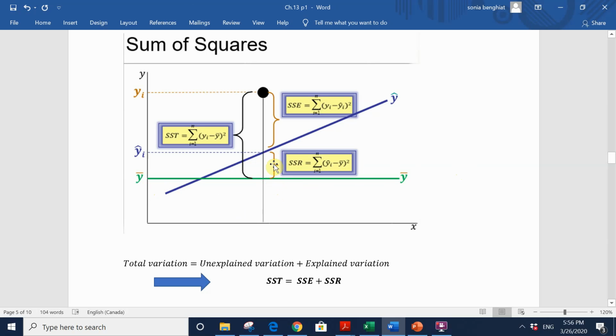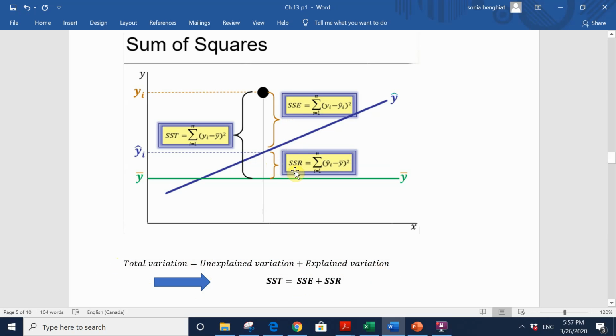What we can also say further is the following. We make this conclusion: the total variation, that's my SST, is equal to the unexplained variation, that's my SSE, plus the explained variation.